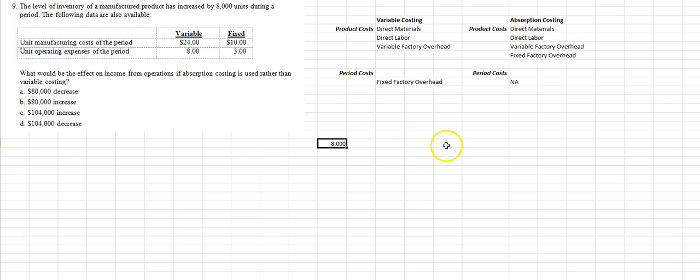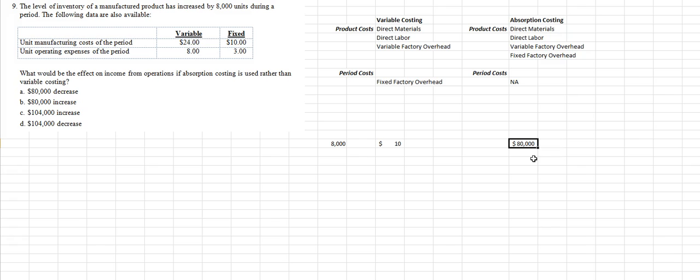So under absorption costing, we are going to have $80,000 of fixed factory overhead, which is this one here, that is going to stay in inventory.